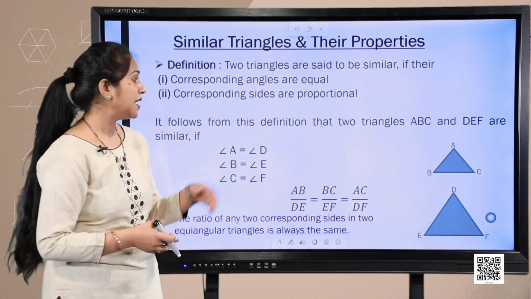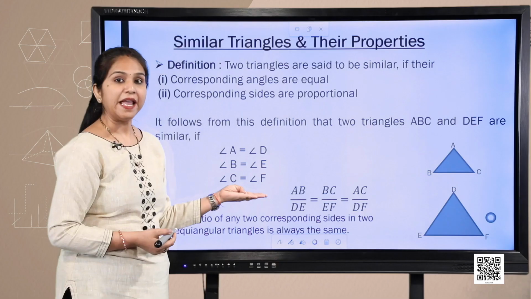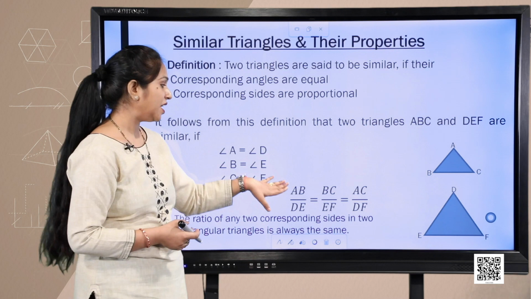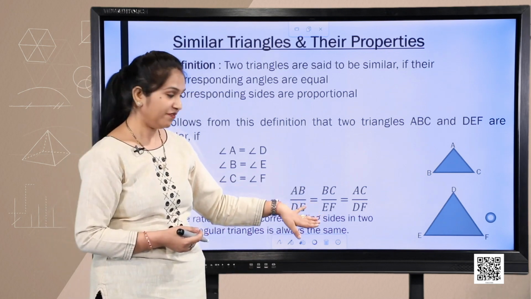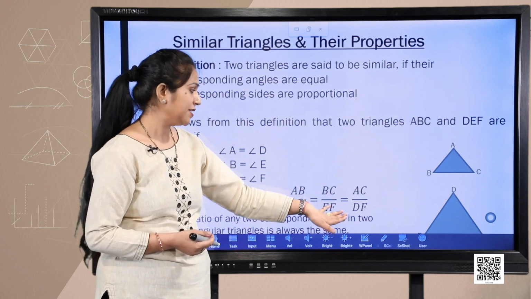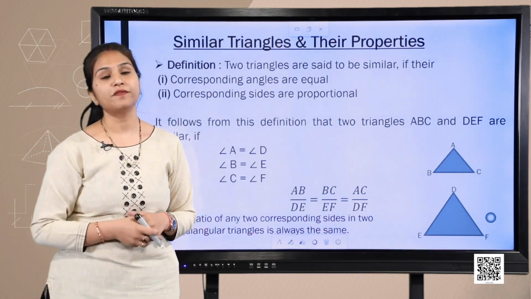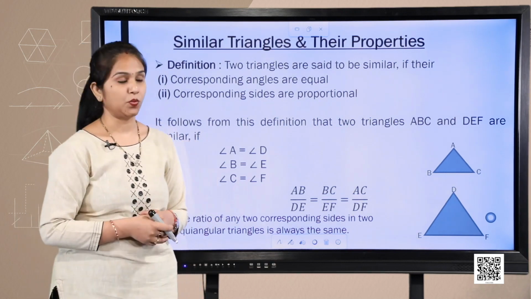So we can write angle A is equal to angle D, angle B is equal to angle E, angle C is equal to angle F, and when we say the sides are in proportion, we can write AB upon DE is equal to BC upon EF is equal to AC upon DF. Remember, the ratio of the corresponding sides of similar triangles is always equal.